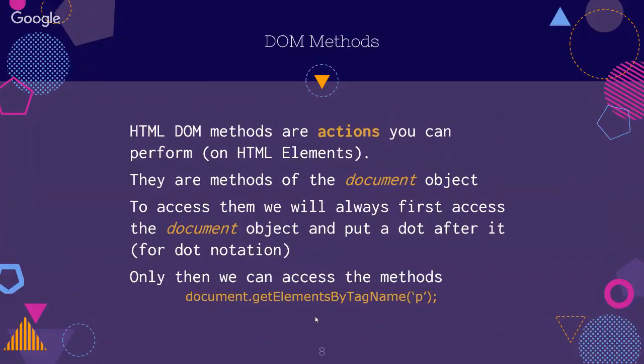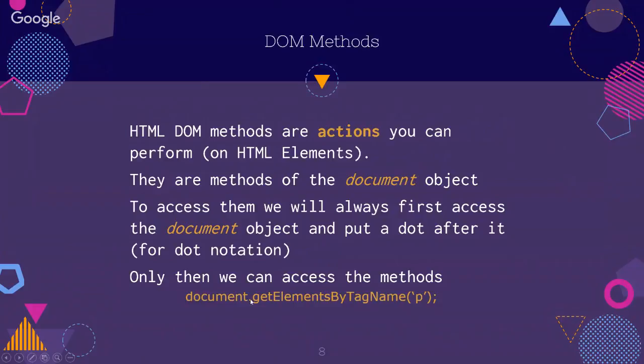Here you can see an example of how to access the getElementsByTagName method, which selects all paragraph elements on the page. Firstly, we reference the document, here the document variable, which holds the DOM, and then place a dot at the end.